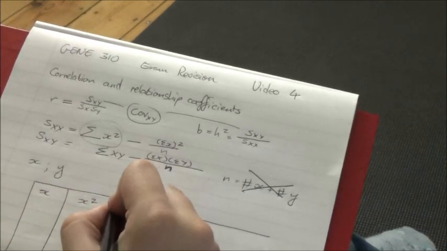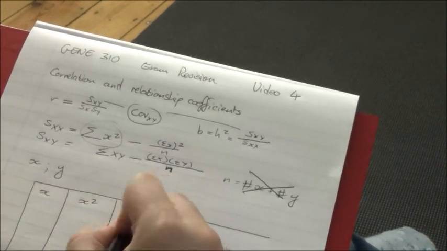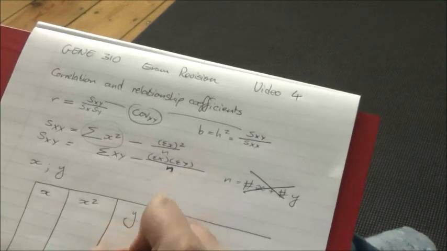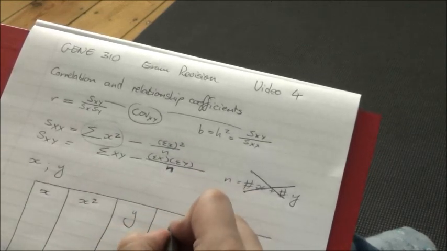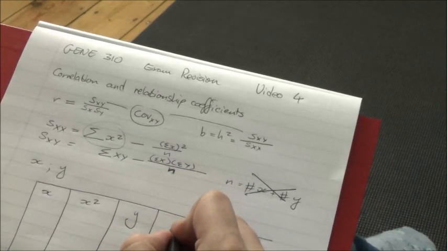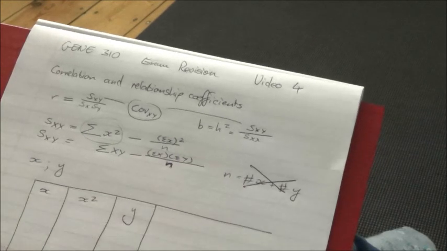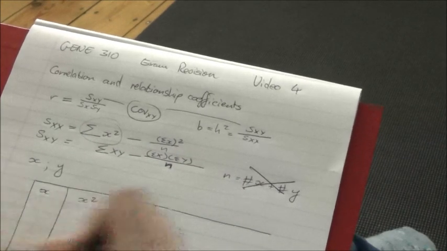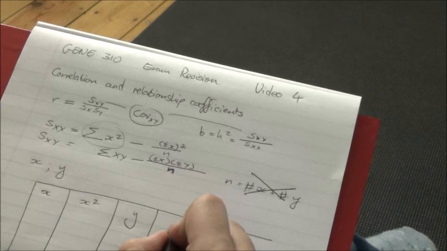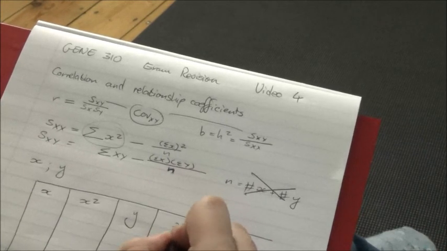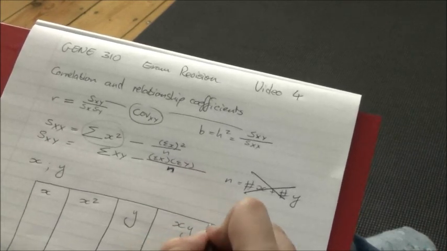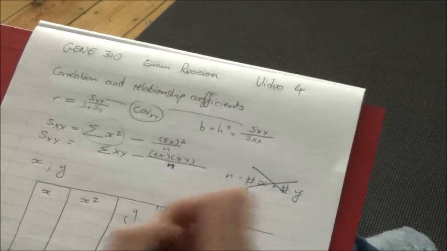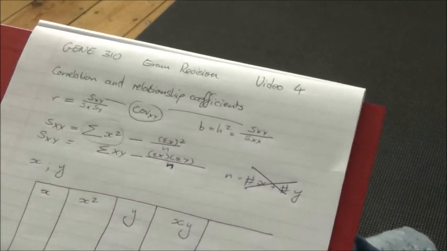You're going to have a y column with all your y values given to you in the question. I think that's actually all you'll need from that, and you'll have to do a column which is the x value times the y value. Okay, that's all you need for now.